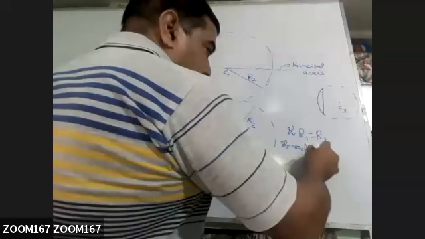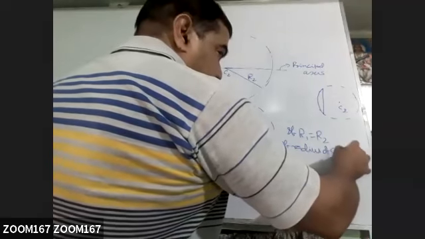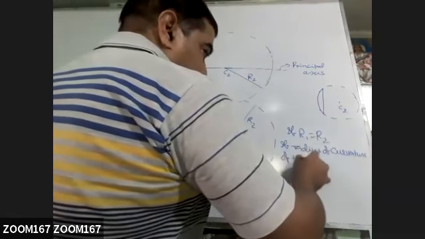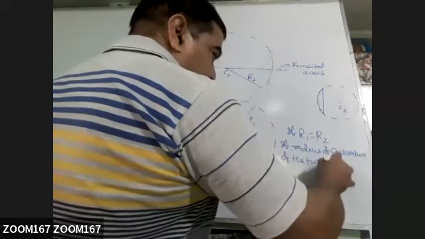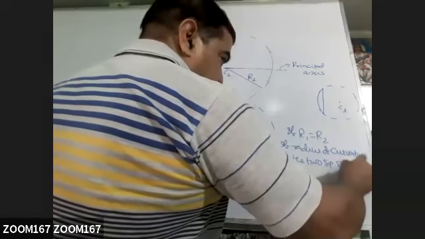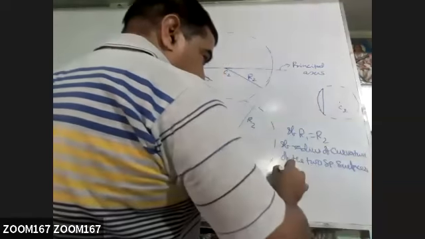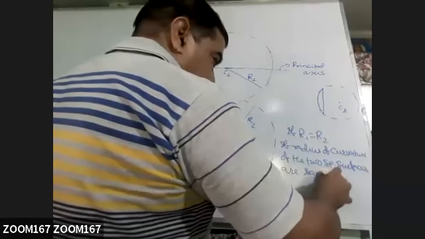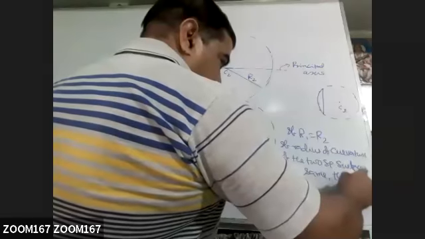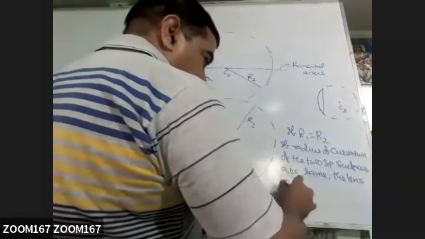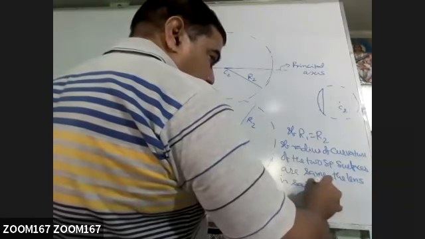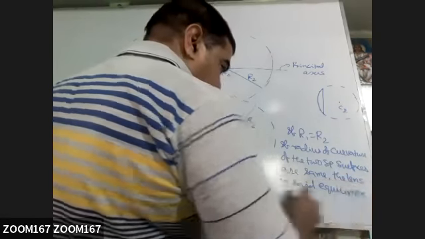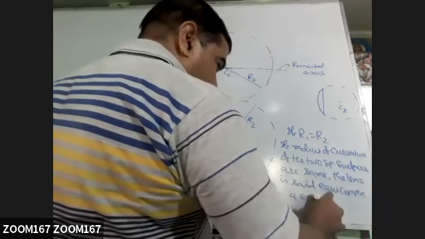So if the radii of curvature of the two spherical surfaces are same, the lens is equiconvex or equiconcave.